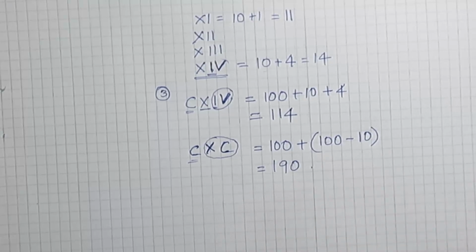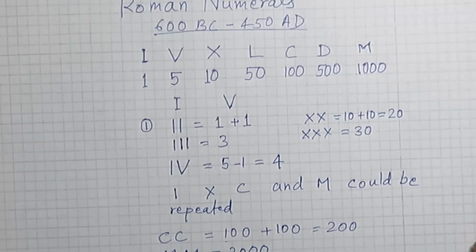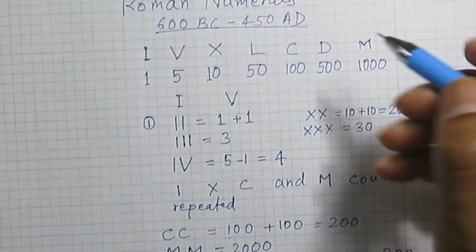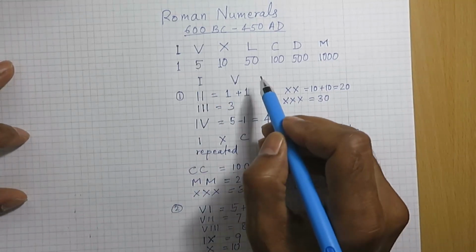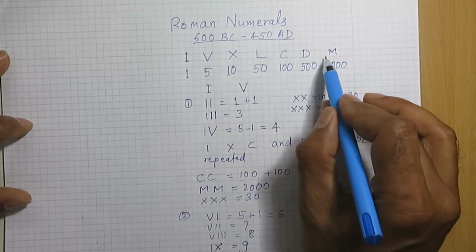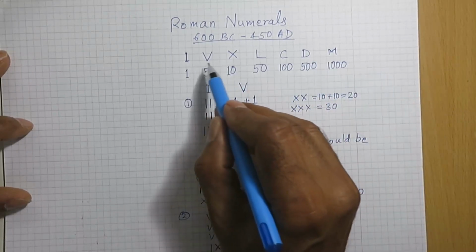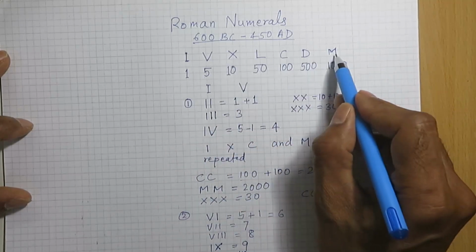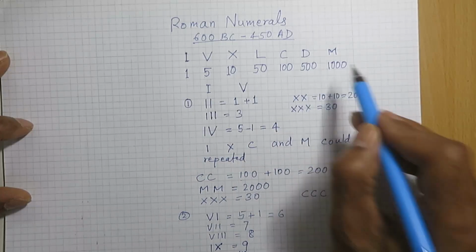So this is all the basis for Roman numerals. We have just studied the seven Roman numerals. That means there are no more, only these 7 types. They are used to write any numbers: I, V, X, L, C, D, M, and they represent 1, 5, 10, 50, 100, 500, 1000.